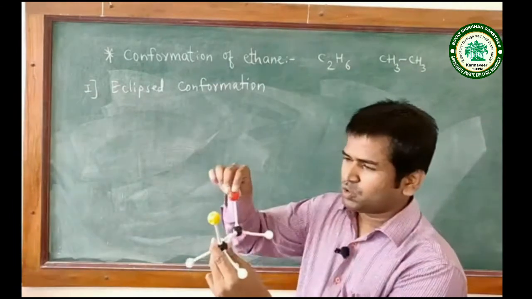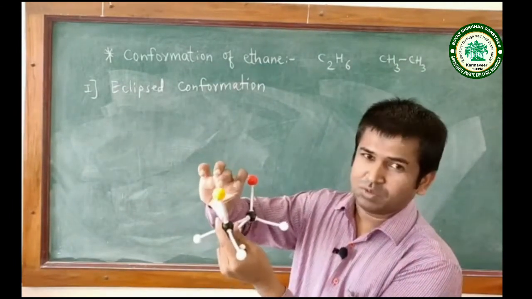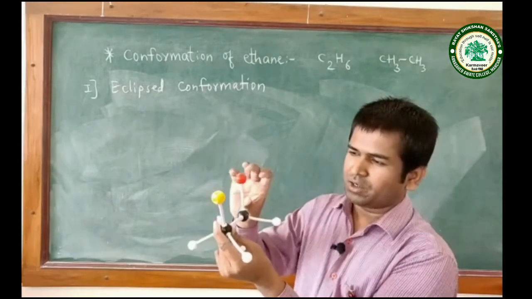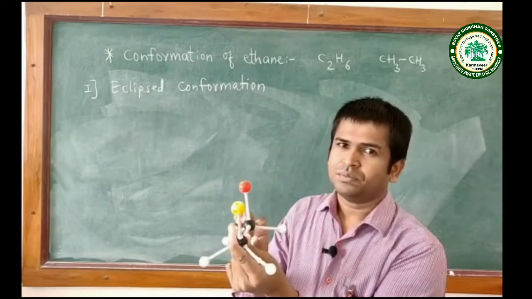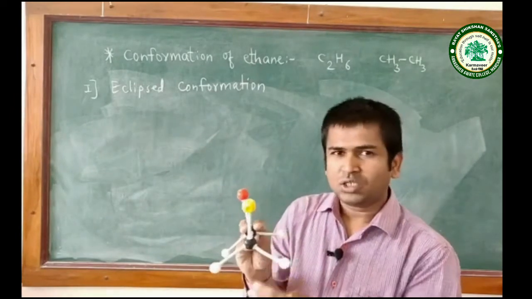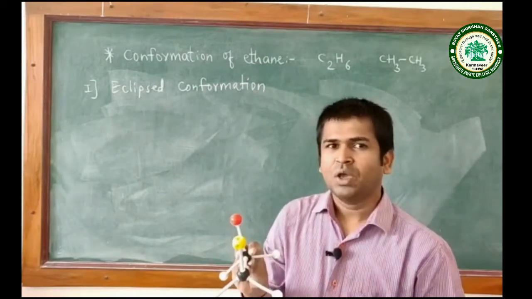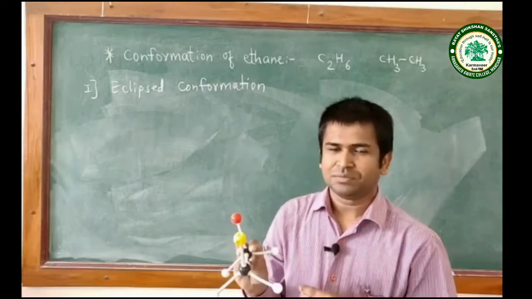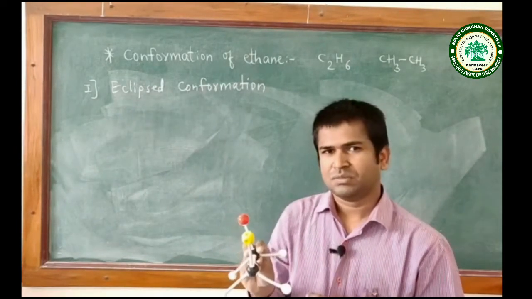Since they are maximum close to each other, the bonding electron pair of CH bond and the bonding electron pair of this CH bond repel each other. Since they repel each other, a torsional strain is created, torsional interaction is created, and due to torsional interaction, energy of eclipse conformation increases.